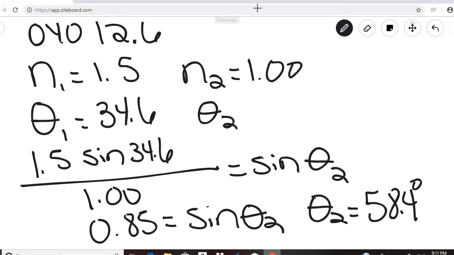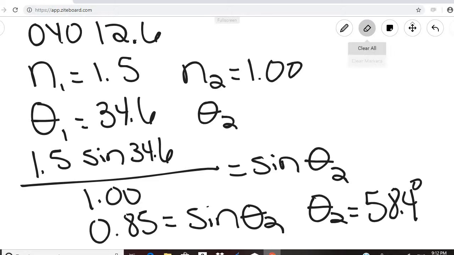Okay, so it will be traveling slower in the glass, and then it will speed up when it gets into the air, and therefore the angle will be greater in air compared to glass.